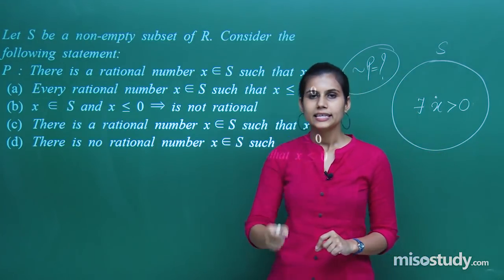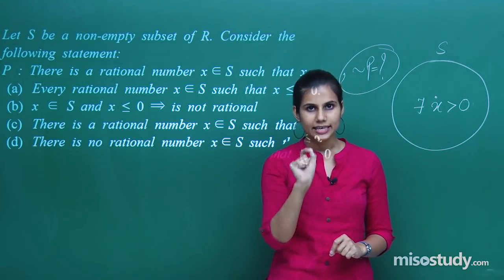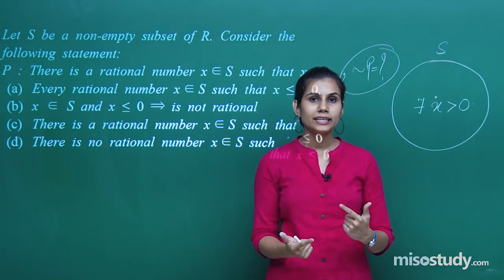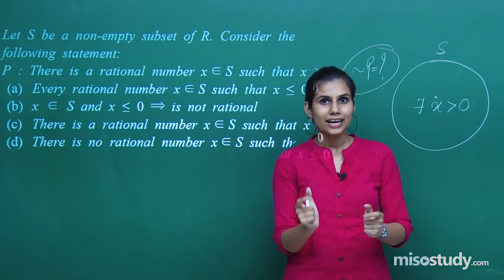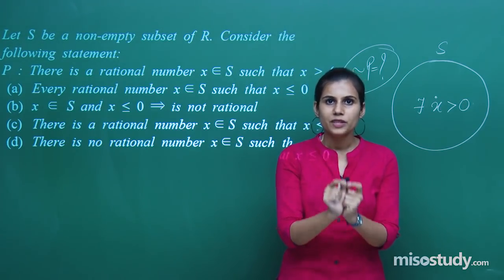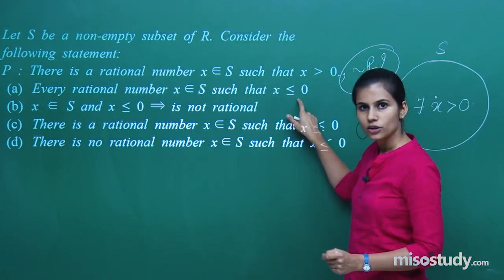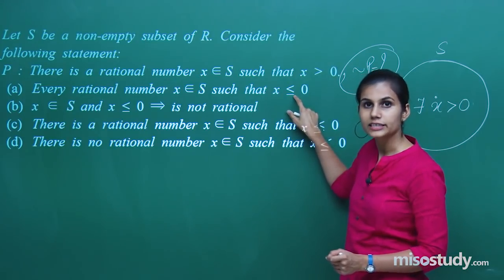What I am saying is there is exactly one point in the set S which is positive. Its negation is there is no point like that in S which is positive. That means all points in S are non-positive. None of them is positive. That means this is less than or equal to 0. They are negative.